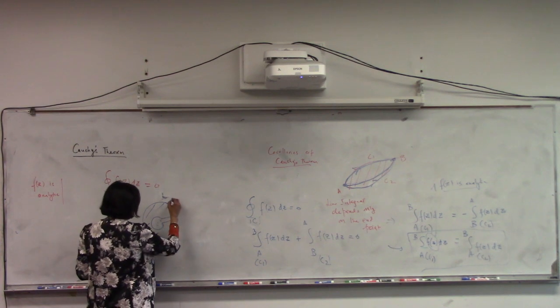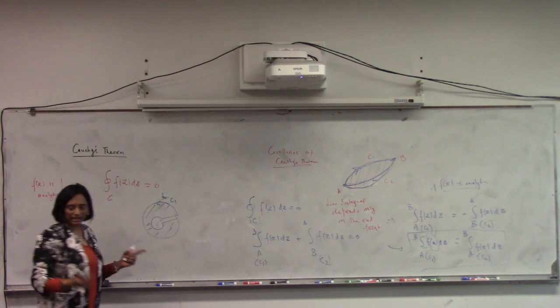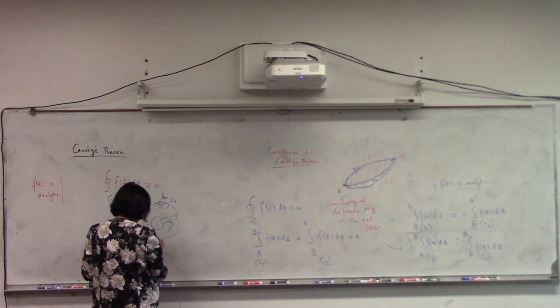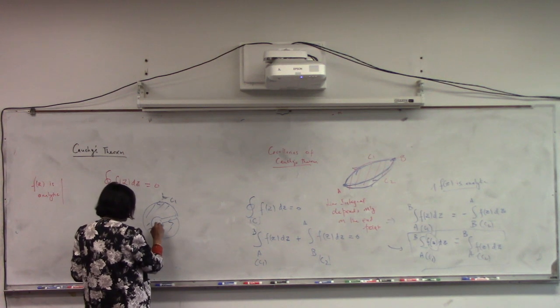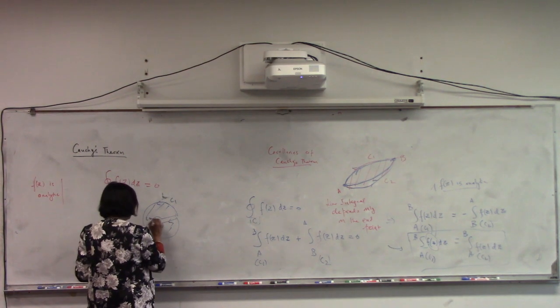Let me call it C1. Let me also traverse it anti-clockwise. In all these things, anti-clockwise direction is taken as the positive direction in this kind of treatment. Clockwise is negative normally. Let me call this C2.